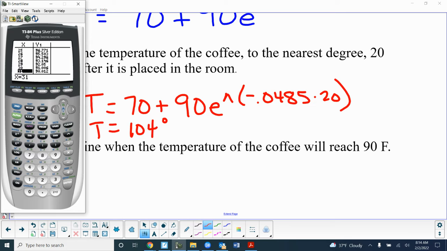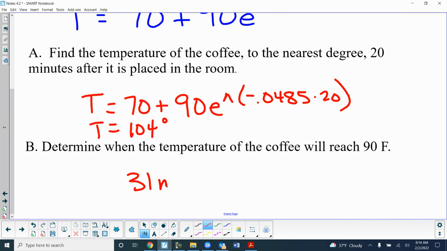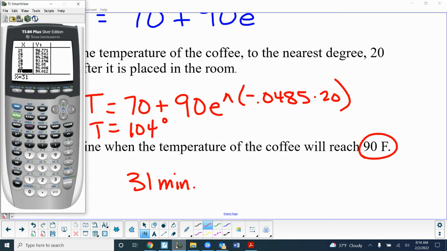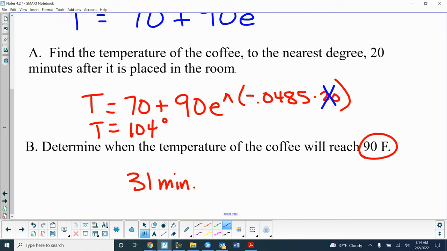So if you're looking for when it reaches a certain degree, put it in the Y equals. Right? And you put all this in, okay? Second natural log. And remember, you don't have a T, you're just gonna use X right here.